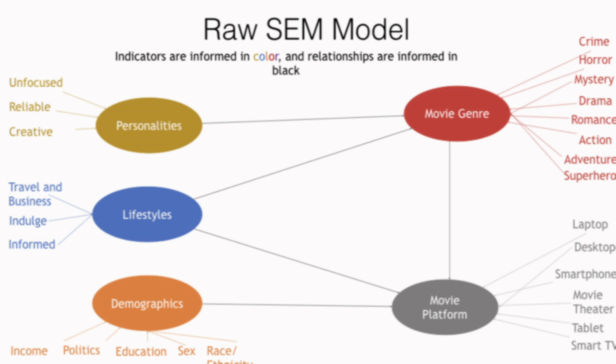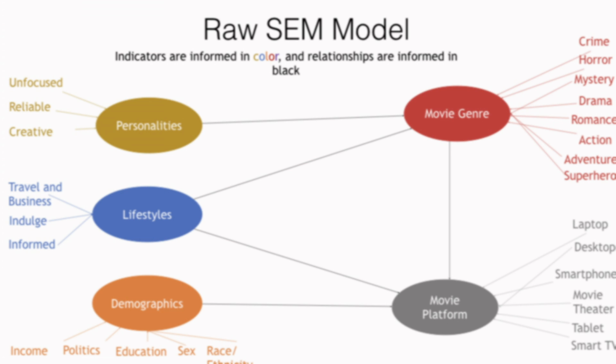So, raw structural equation model indicators are informed in color, and relationships are informed in black. And so here, I'm trying to show what each composite variate is comprised of. We can see here for personalities, the factor analysis produced a group of personality traits called unfocused.